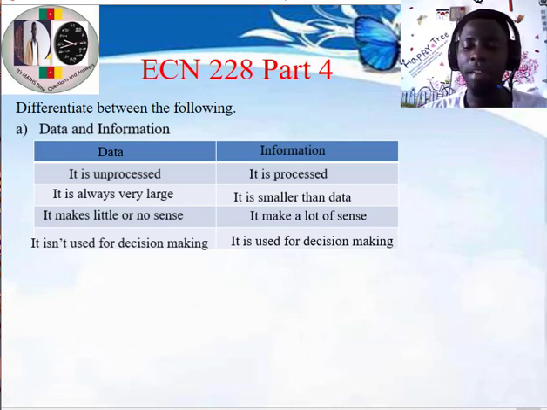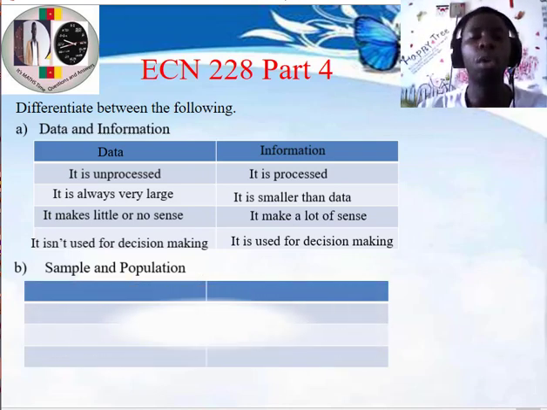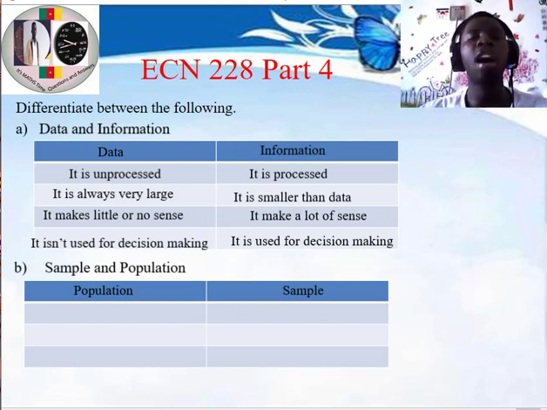Let's move to part B, which says that we should differentiate between a sample and a population. We will also use tabular form here, where we will call the first entry the population and the second entry a sample. Population simply means the total number we are talking about.